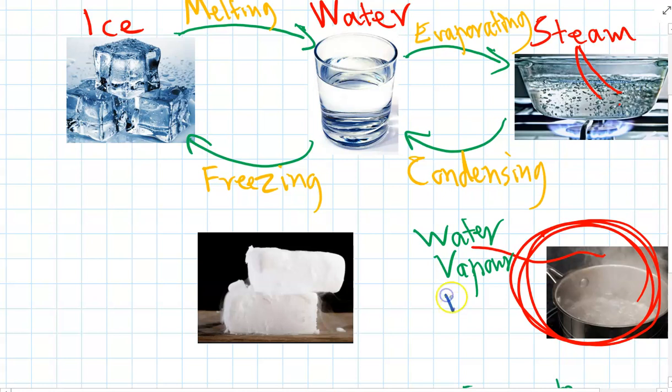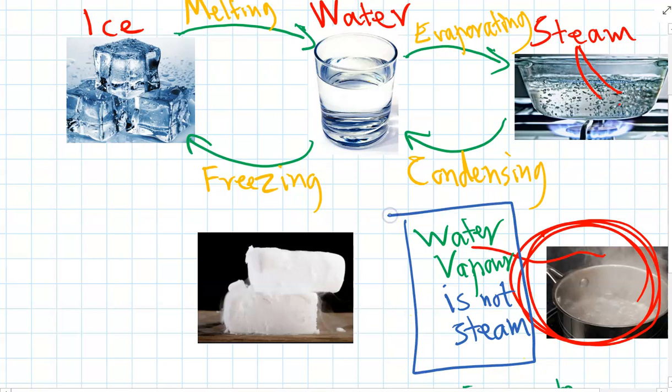So the big thing to remember there is water vapor is not steam. They're completely different. So remember that steam is the real gas. And you can't see steam at all, it's invisible. That's why when you boil water, the little bubbles, they look like they have nothing in them.